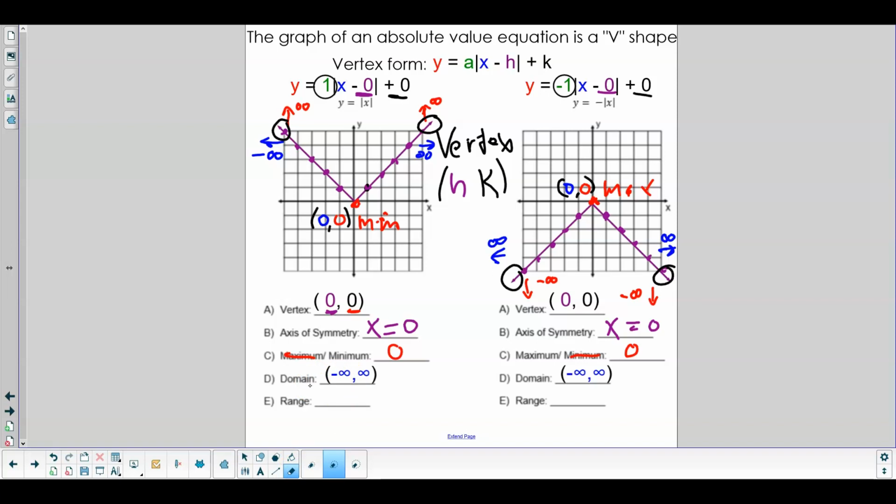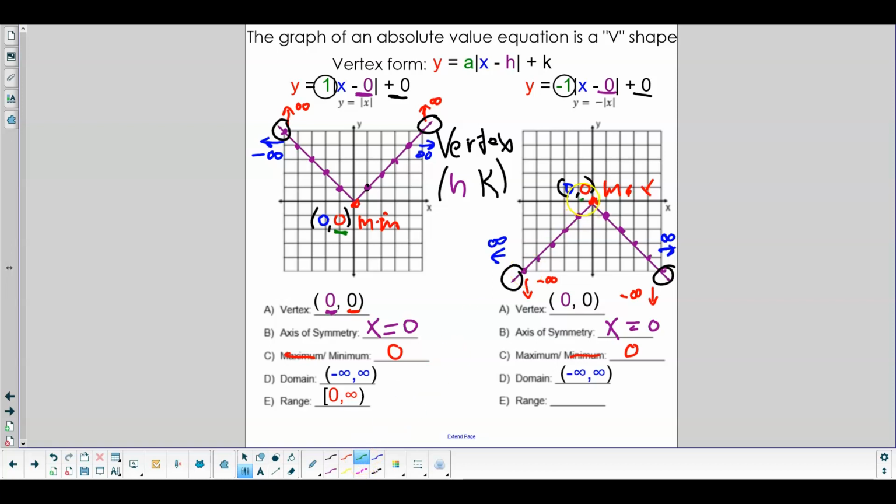The range for the first one has a minimum. And remember, the minimum has to do with the y value. So there's your 0. And it's got to go up to the top, which is going to be your positive infinity. So if you write the range on this one, it starts at 0, square bracket, up to positive infinity. Whereas the other starts at negative infinity down here and goes up to positive 0.